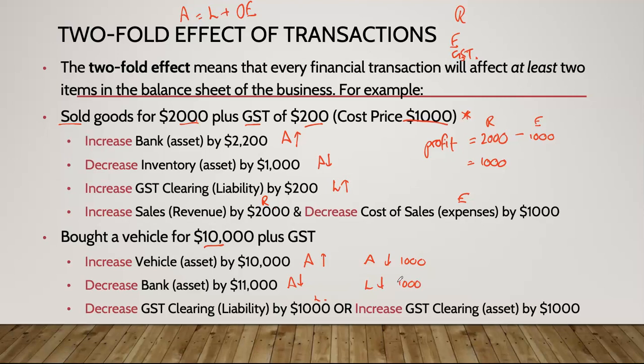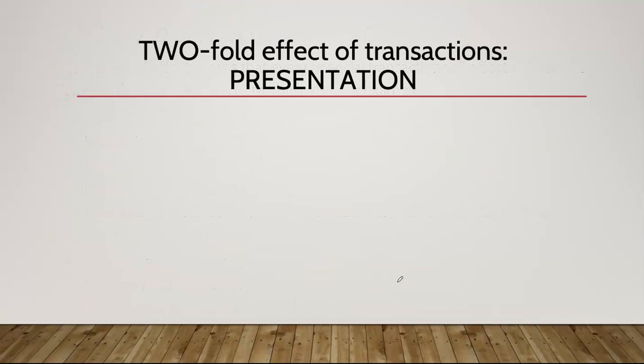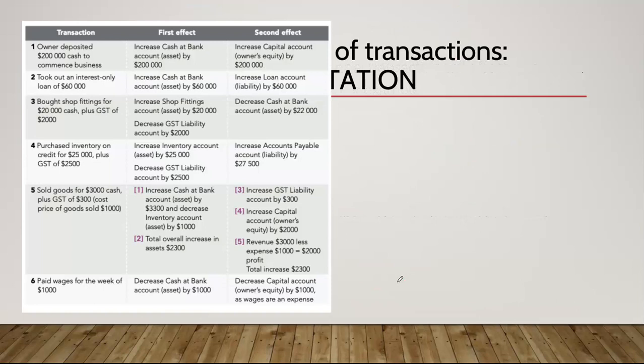I've bought a vehicle, sure, my assets go up, but remember, you've paid with the cash, you had to pay the GST. This is offset how much you owe to the government, and hopefully that vehicle will give you lots of sales, build your business, and that's how we need to be thinking about it. How do we work this through?